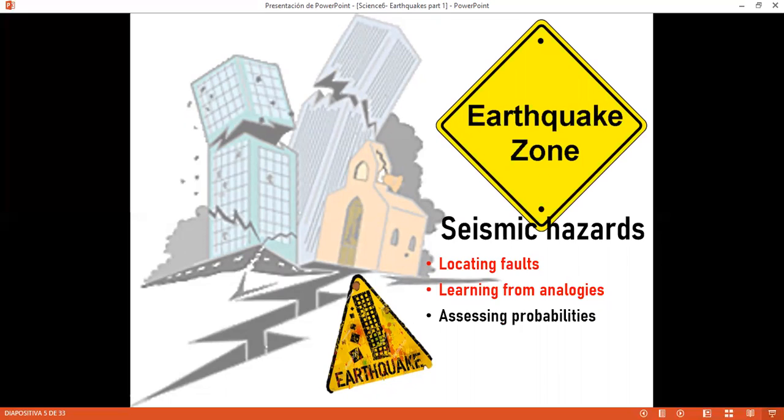There's no prediction because it's not an exact science. Then you can estimate its recurrence, which means checking history and the geologic records, and then you can estimate how long it took from one to the next. Earthquakes have been proven to be cyclic.